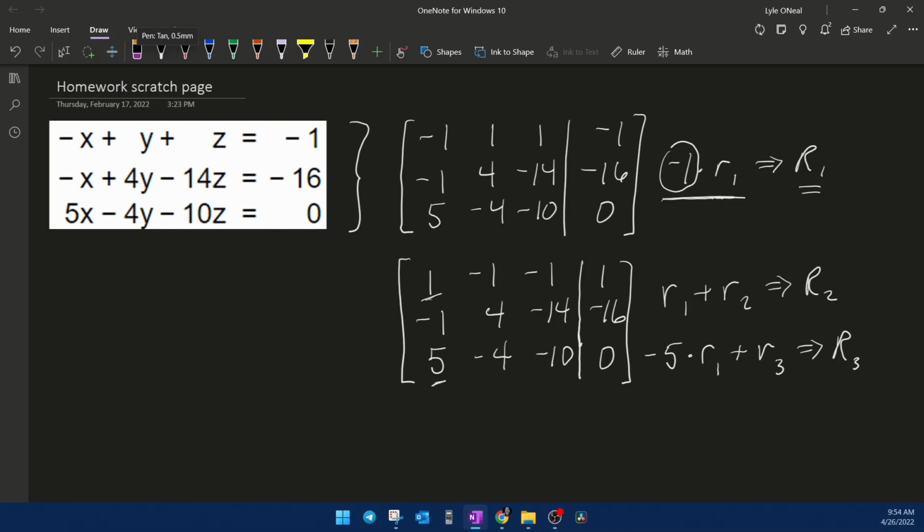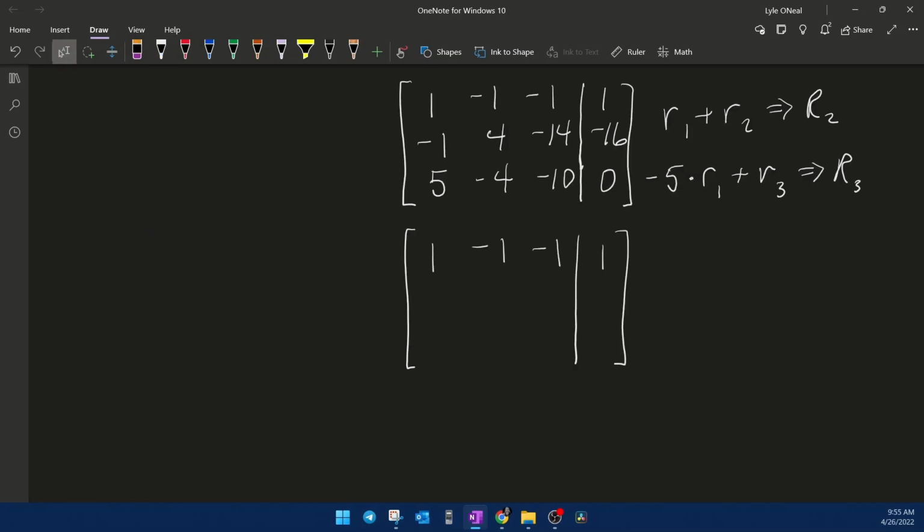So now we need to execute the row operations. Notice that rows 2 and 3 are going to change. So the first thing I want to do is copy and paste row 1. And since I have covered this previously, I'm going to go a little bit faster using my row operations.